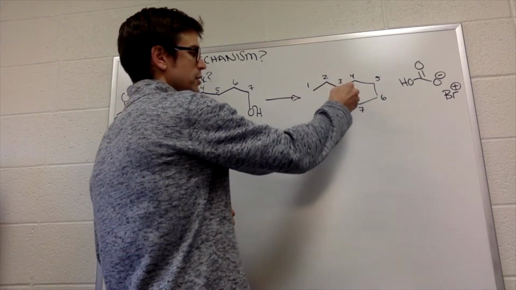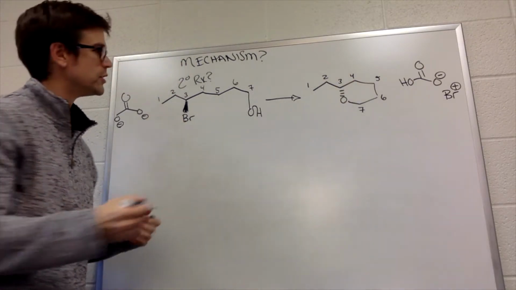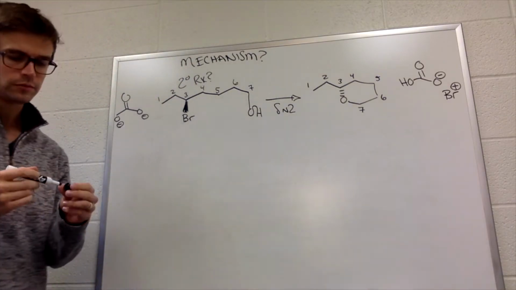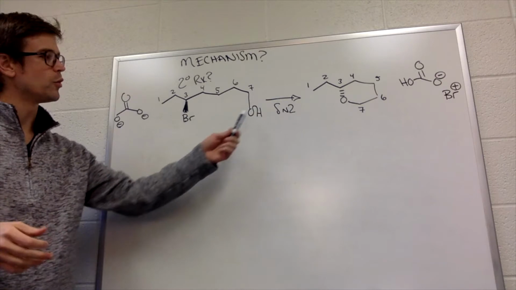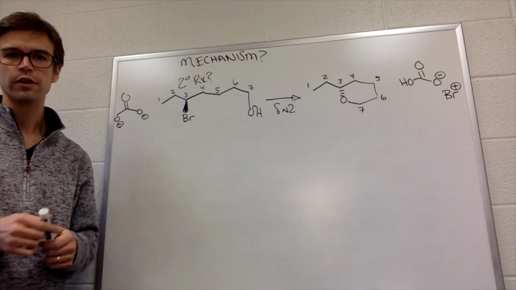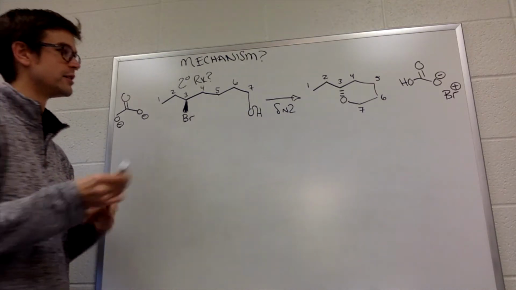So this is just a dash here, and it was a wedge there. So this has to be an SN2 reaction. Okay, we know it's an SN2 reaction, but this is a weak nucleophile. So how is it going to become a strong nucleophile? Because strong nucleophiles are what does SN2 reactions.